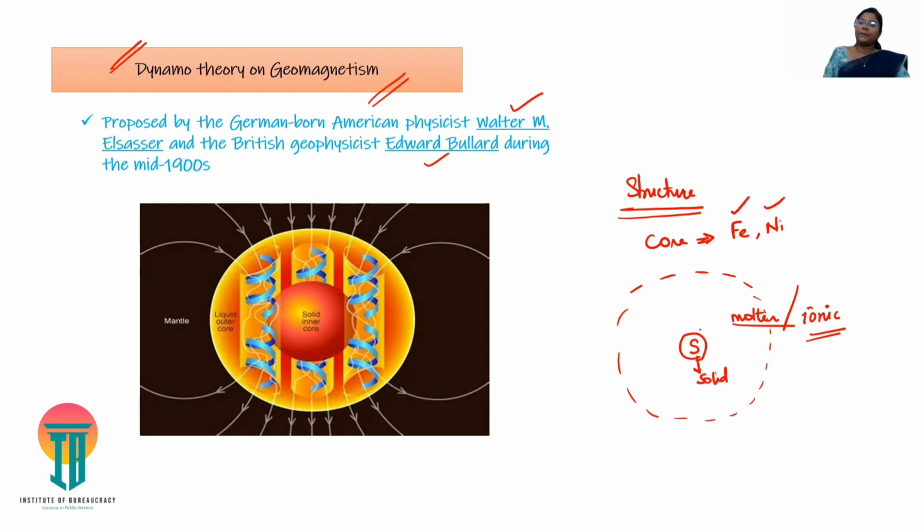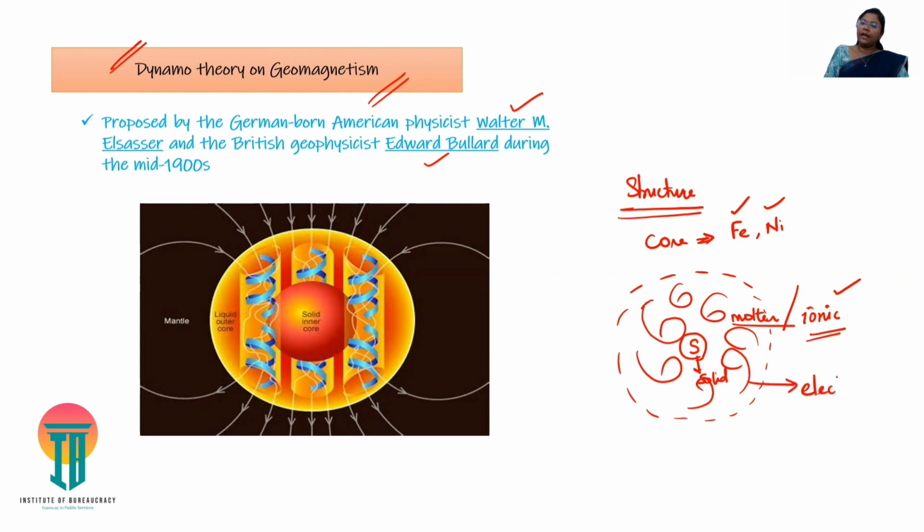So what happens? The molten iron, or the ions, rotate around the solid inner core. So there is rotation or movement of ions in the outer core. Movement of ions or movement of electrons would result in what?